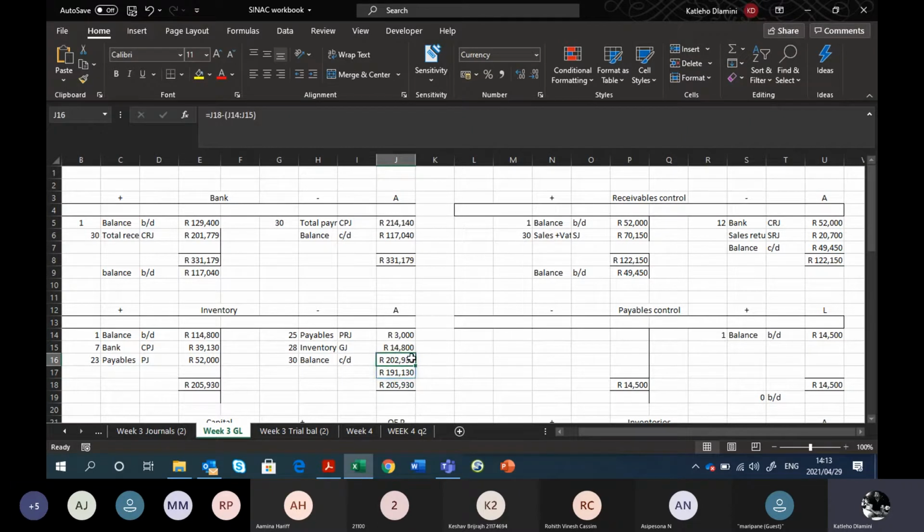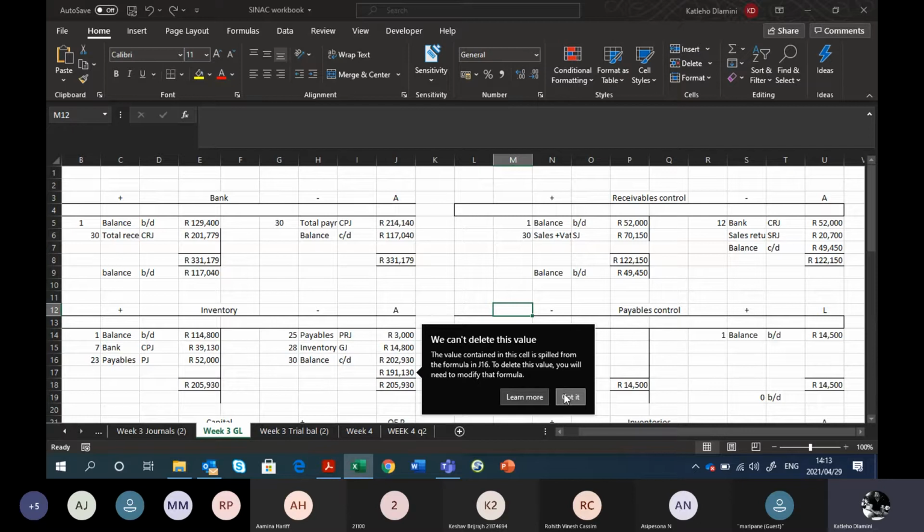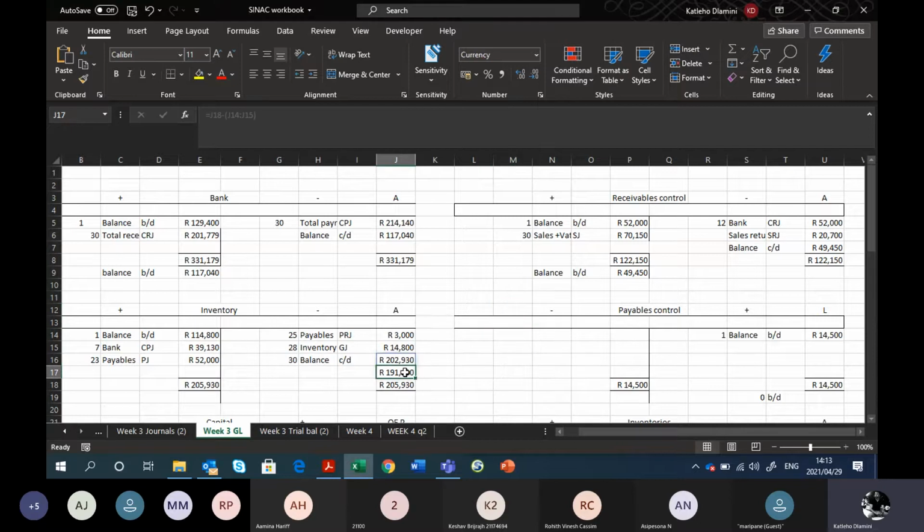It's weird. What's going on here? Why is that going on? Okay, I'm just gonna delete this row because I don't understand what's going on there.